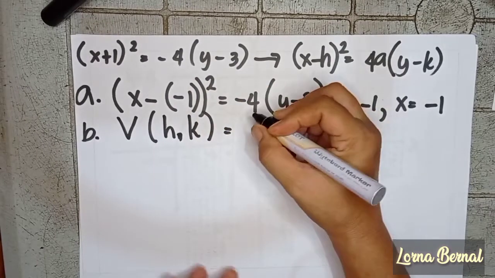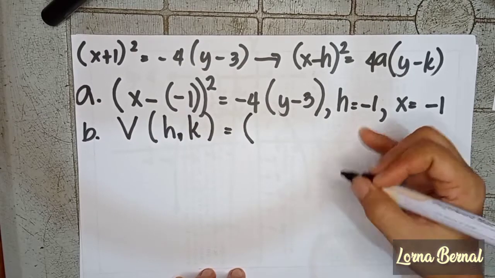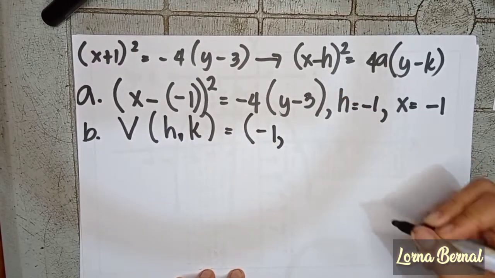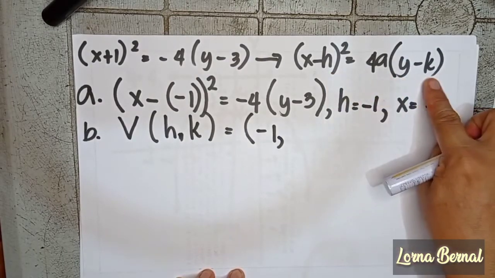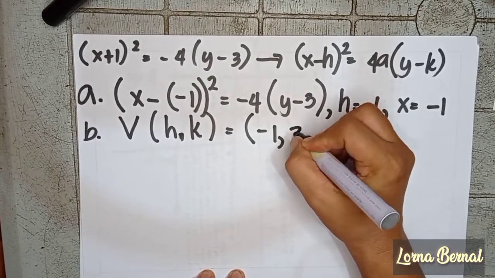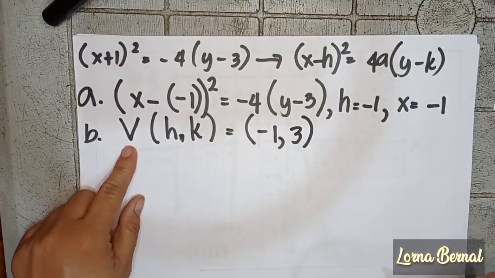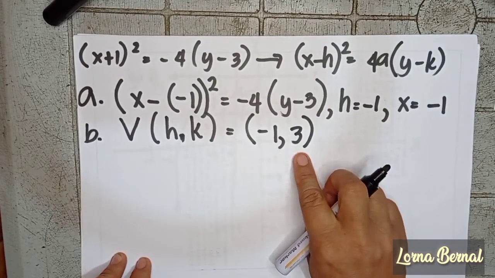So for the vertex, we have h equal to −1, and the value of k is positive 3. So the vertex has the coordinates (−1, 3).